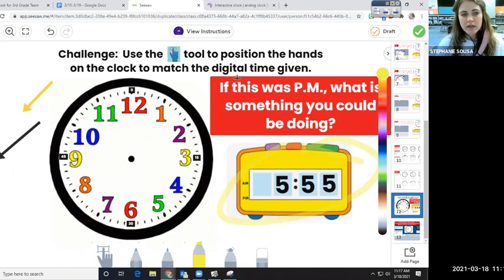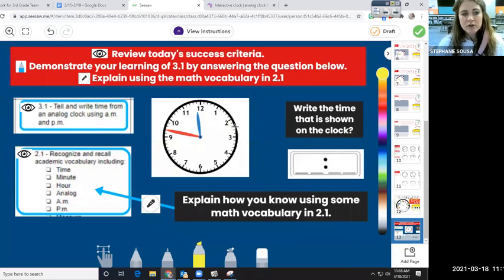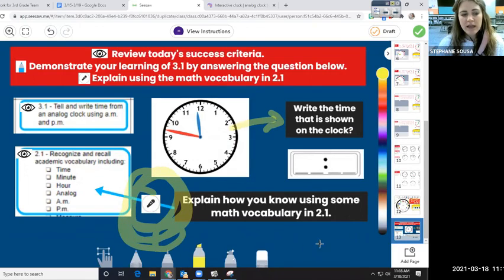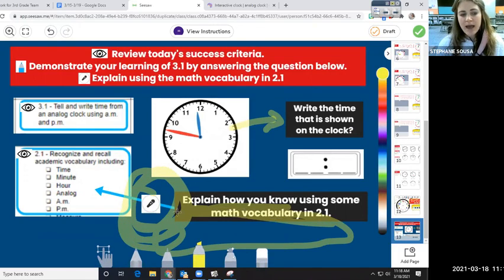Also, take a look at the question and answer it. Slide 13 has that little quiz for you. You're going to write the time shown and record your voice explaining how you know using math vocabulary. Okay? That is what you need to get done, ladies and gentlemen.